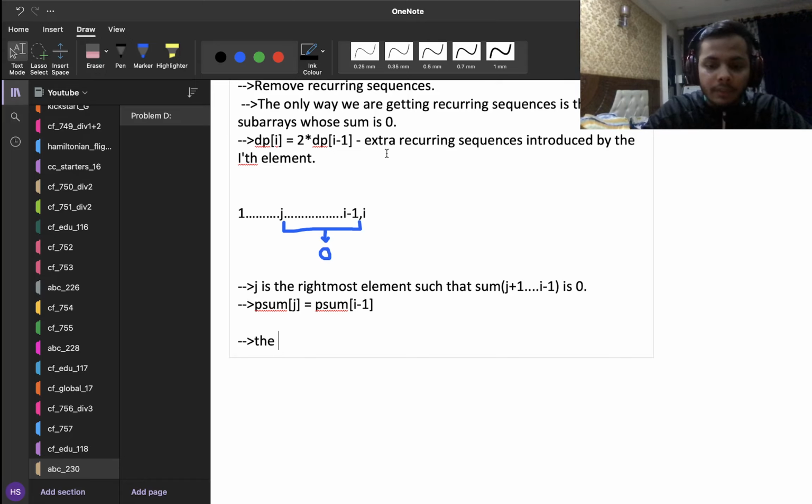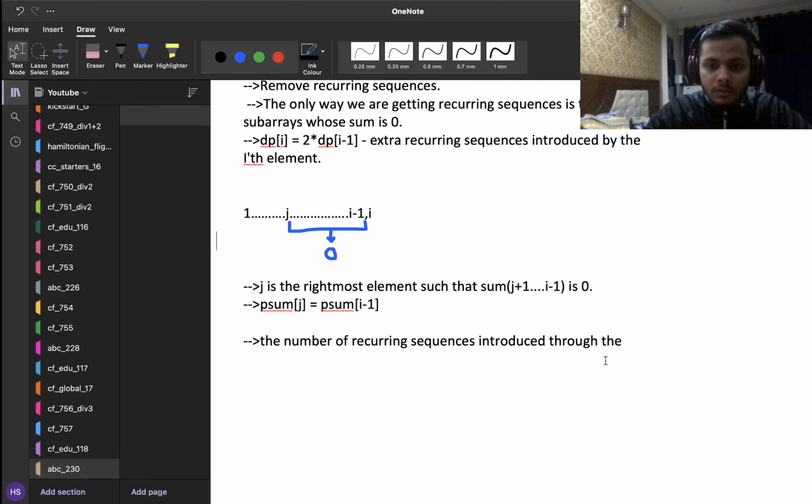And we need to find the number of recurring sequences introduced through the subarray j plus 1 to I minus 1.